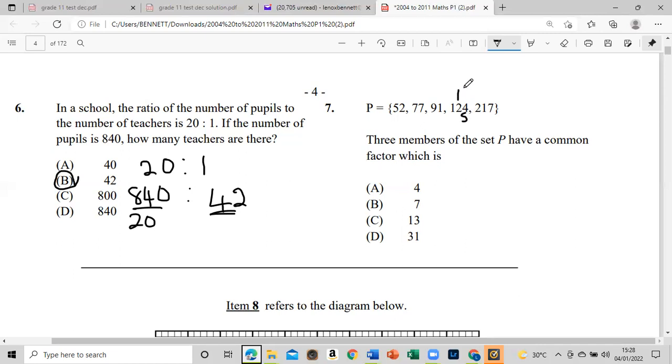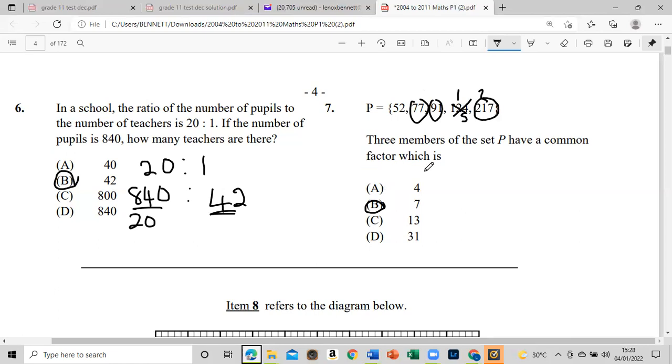And 7 can't go into this one. But it can go 3 times and 1. So the 7 is going into 3 numbers. It's going to go into 77, 91, and 217.